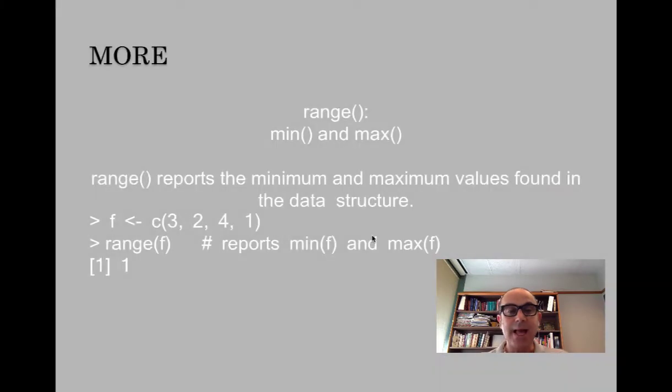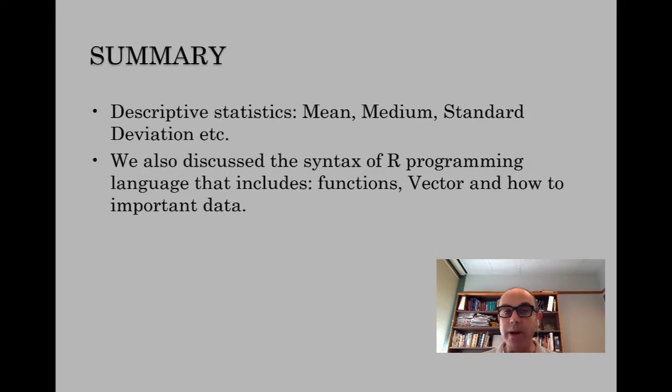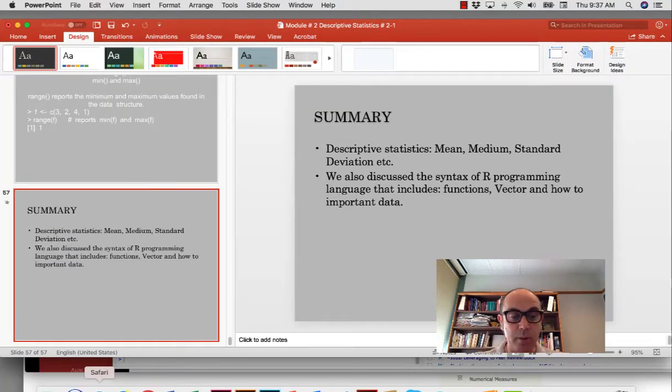In this case, I can ask for the range, and it will give me the range of that set. Summary, if we have a large set of data, will give me a summary of the mean, median, and standard deviation. We have discussed the syntax of the R language, including functions, vectors, and how to import.